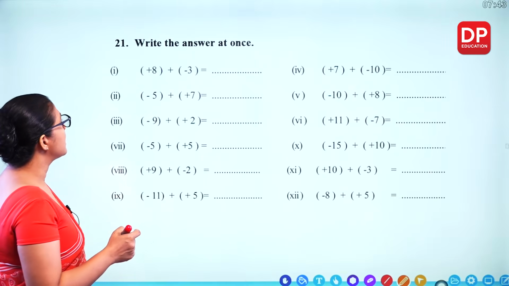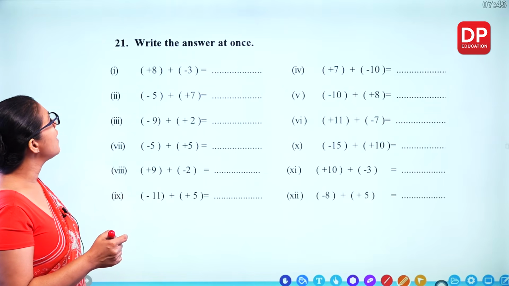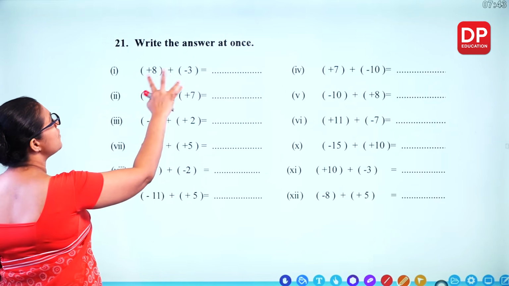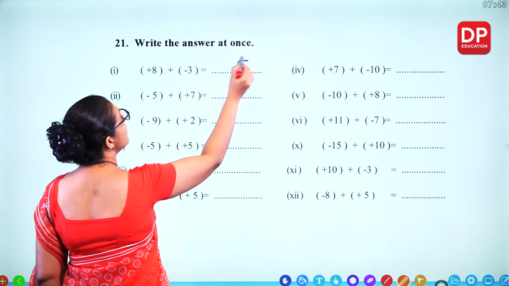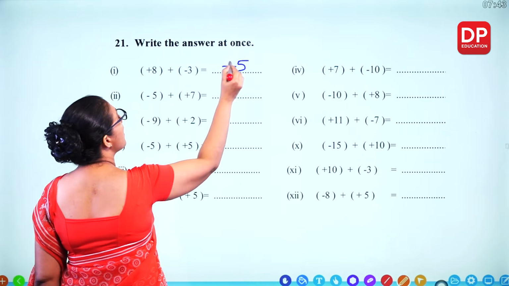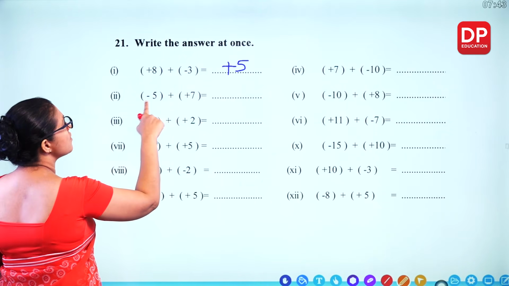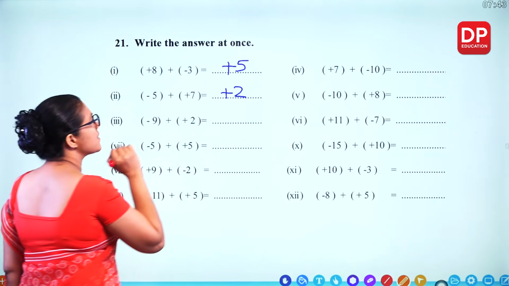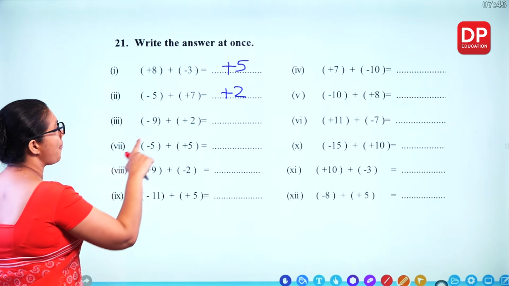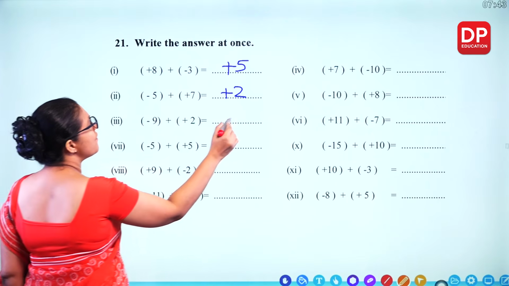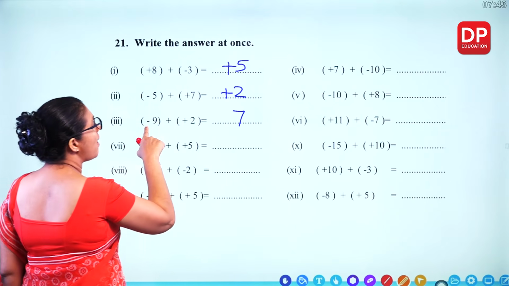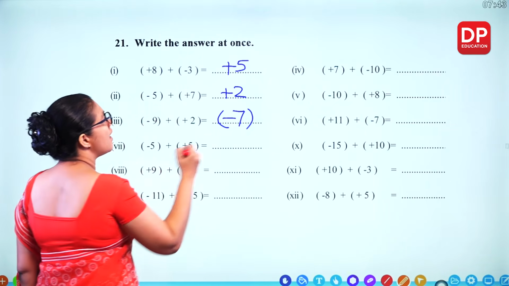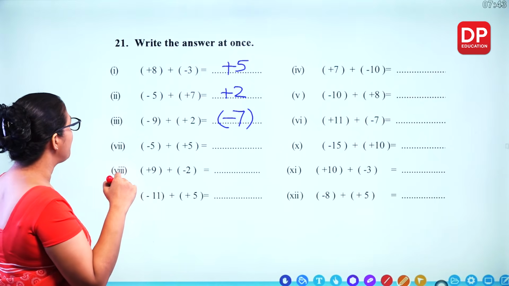So, use that theory and find out this one. 8 and 3, difference is 5. Which one is bigger? Plus 8. Difference of 7 and 5 is 2. Which one is bigger? Plus 7. 9 and 2, difference is 7. Minus sign is bigger. Answer is minus 7.